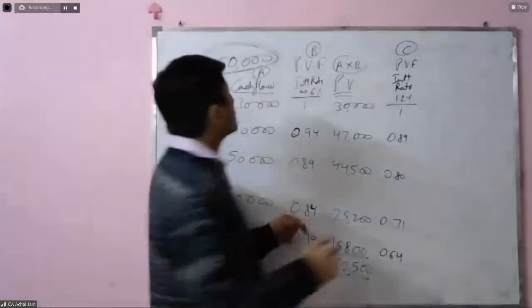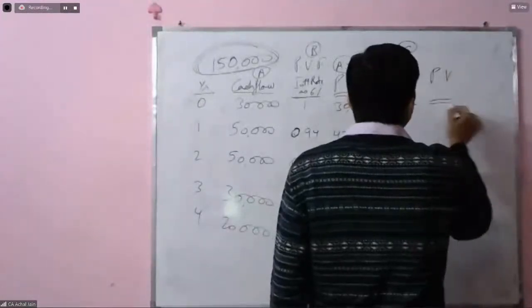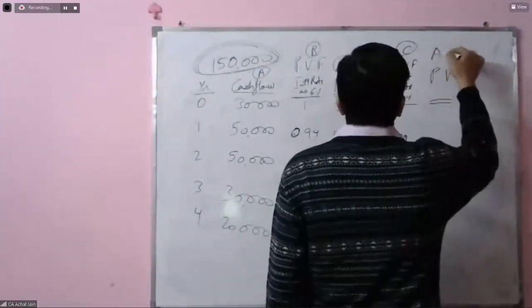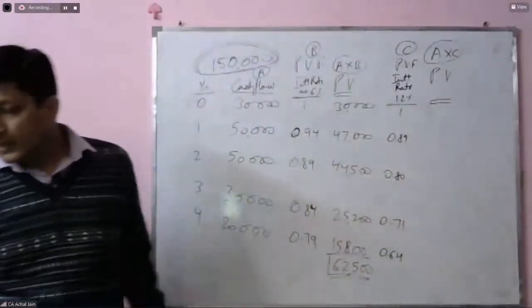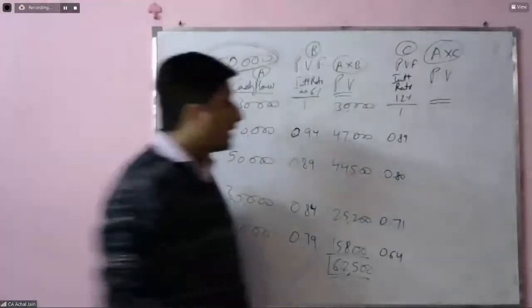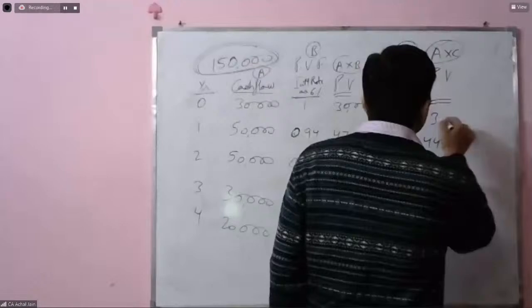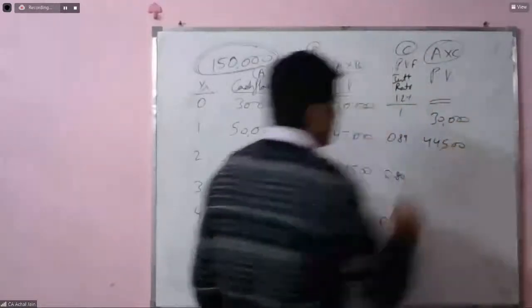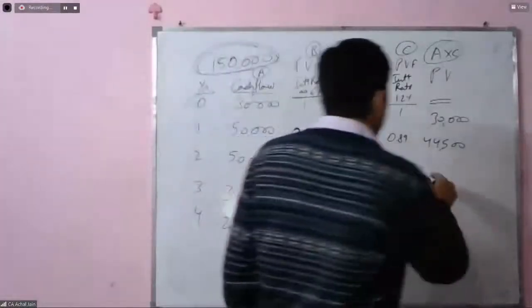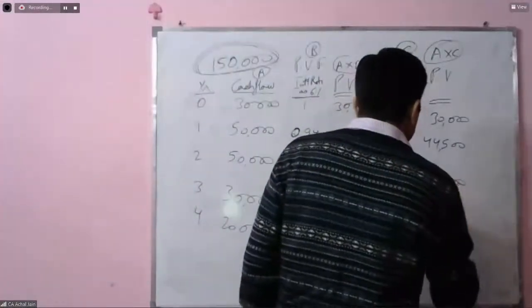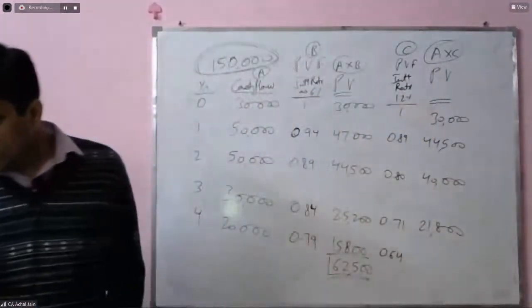Now I can once again compute the present value and pray that I get my target number. Let's see whether I achieve that or not. This is 44,500. This is 30,000. This is 40,000. This is 21,300.